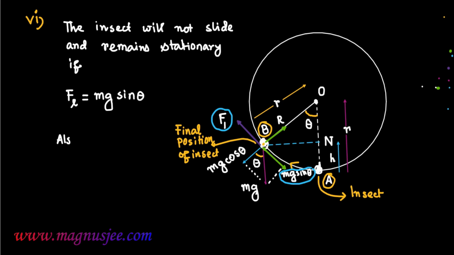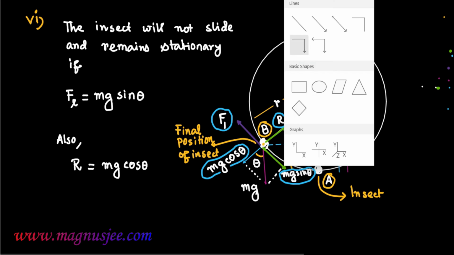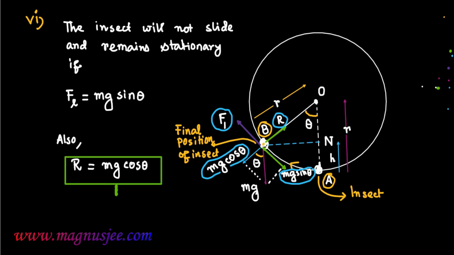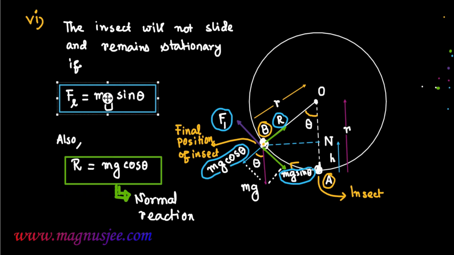Also, normal reaction R will be equal to mg cos theta. R is the normal reaction, capital R, acted on the insect applied by the spherical surface. And Fl is the limiting friction.